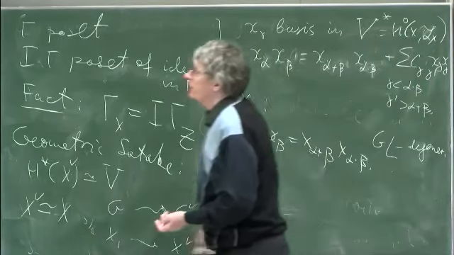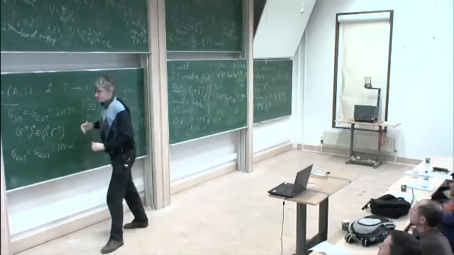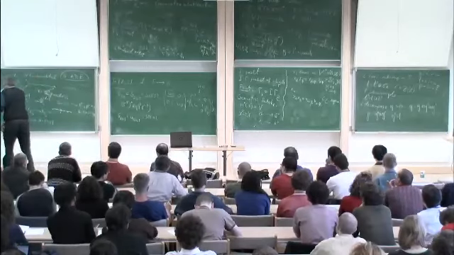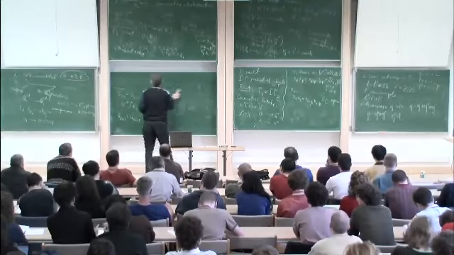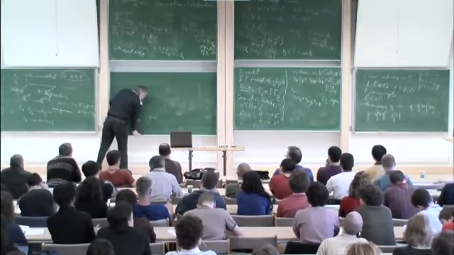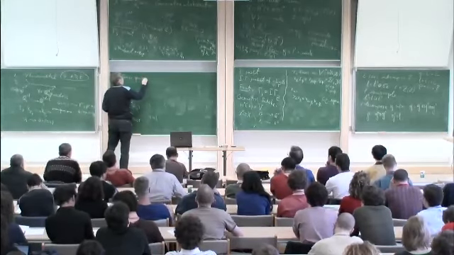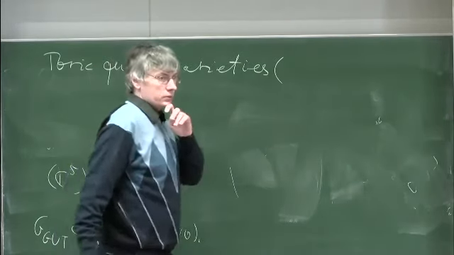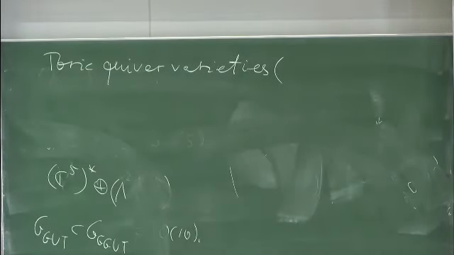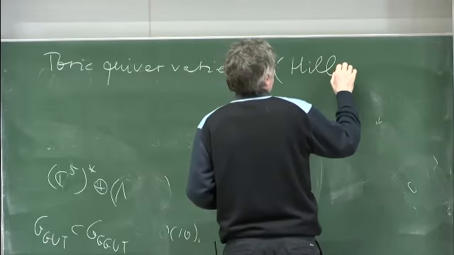So now I will construct this degeneration by identifying it with toric quiver varieties, and this describes the geometry of this degeneration in a much better way than just defining equations. The study of toric quiver varieties was, I think, initiated by Lutz Hille, and then there is a paper by him and Altmann.